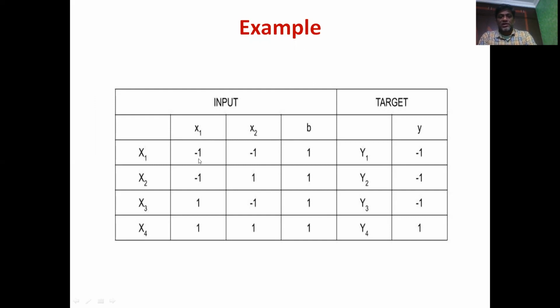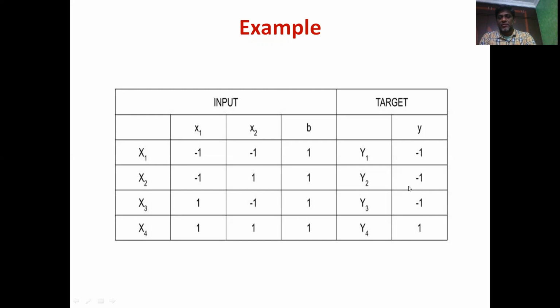So in OR gate, whenever the input is 0 and 0, then the target will be 0. That means this becomes -1 only. And all the remaining three are going to be plus ones, positive ones. Just change these target values as, keep this as -1 and all the remaining three values as plus ones.